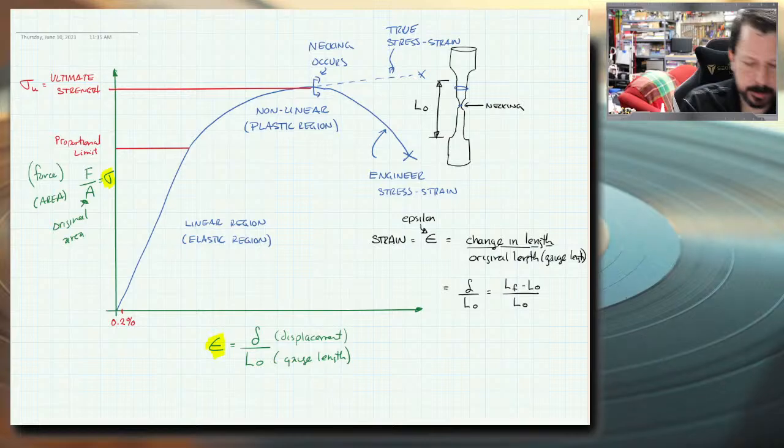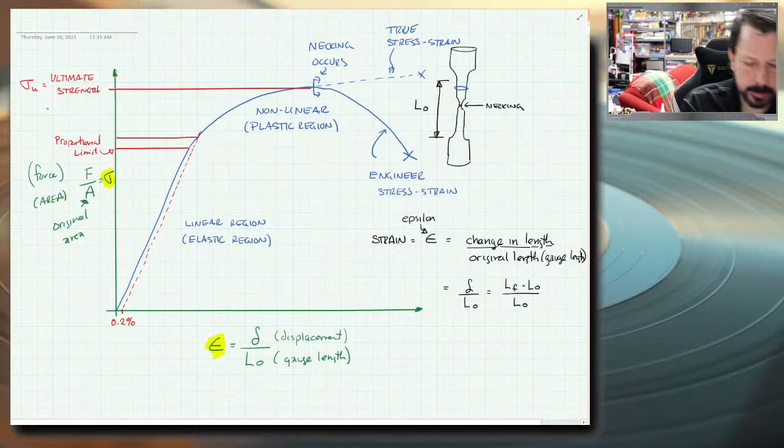And what I'm going to do is draw a line from 0.2% strain parallel to the linear region. I'm just going to do it by hand. So parallel to this line, and it's going to intersect right there. So the proportional limit's the lower one right here.